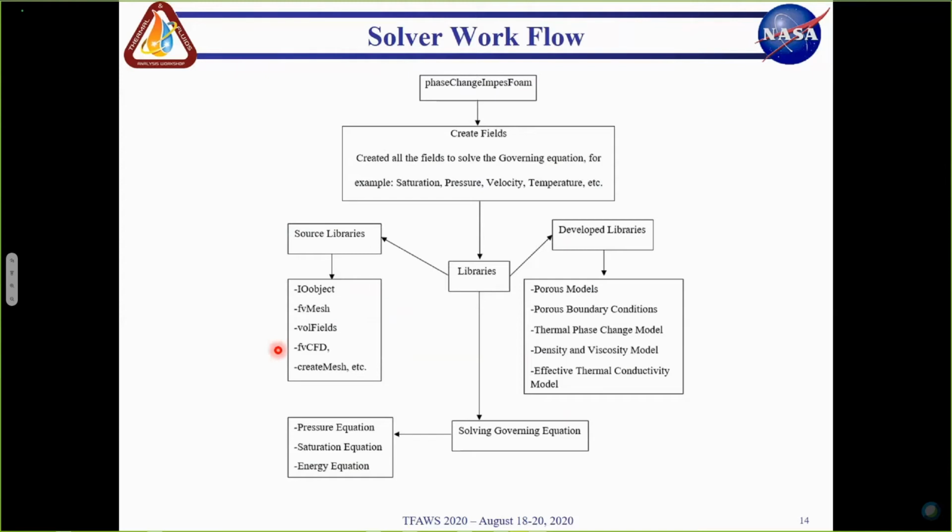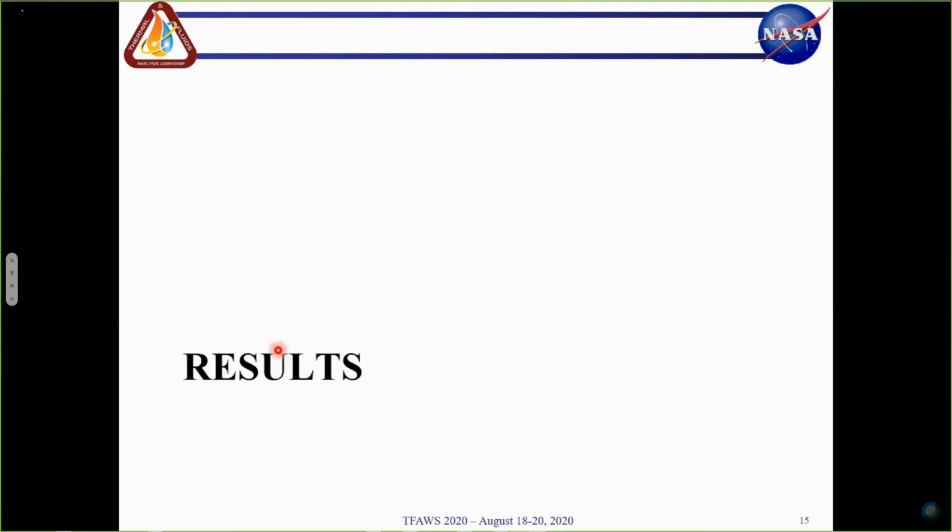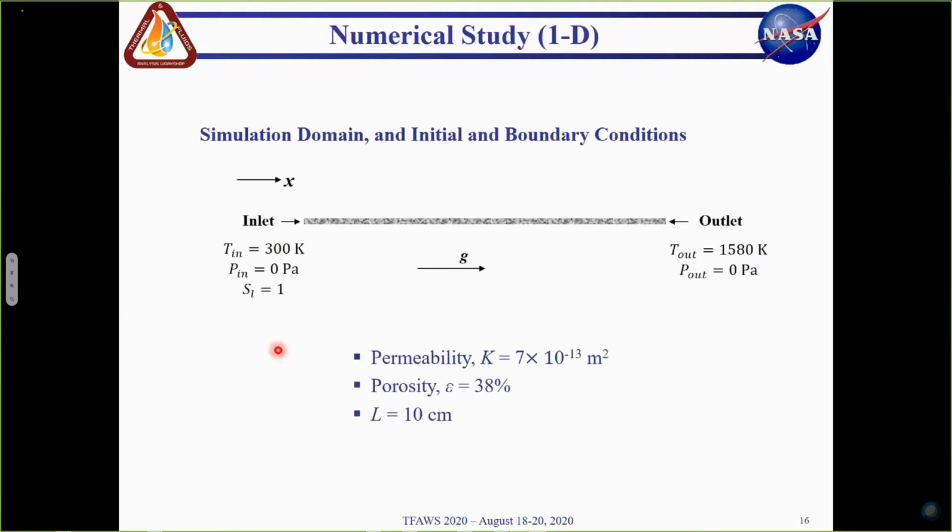And the source library includes the tools for creating mesh or defining different fields. After getting all the information from the libraries and the created fields, the phase change impulse form solver then solves the governing equations to compute pressure, saturation, phase velocities, and also the temperature of the domain.